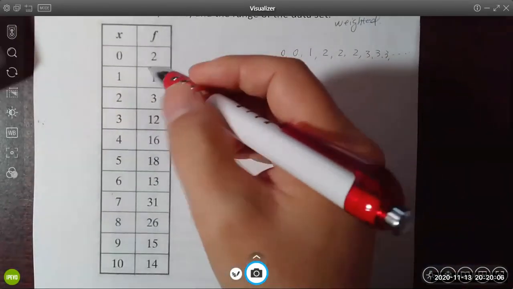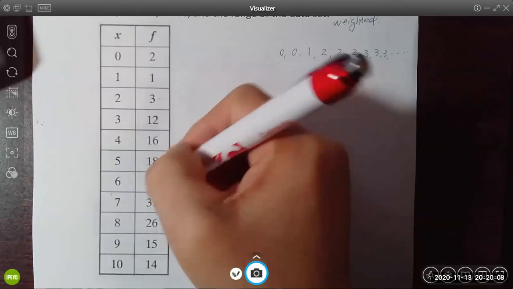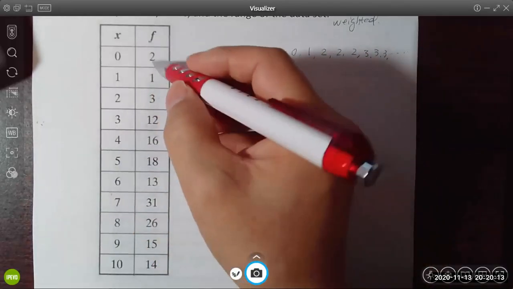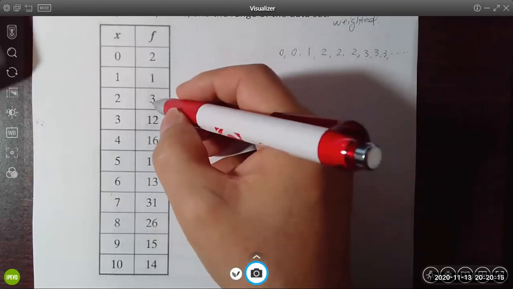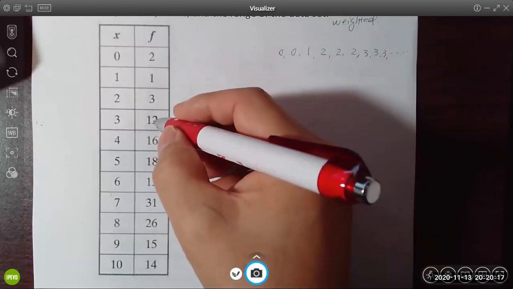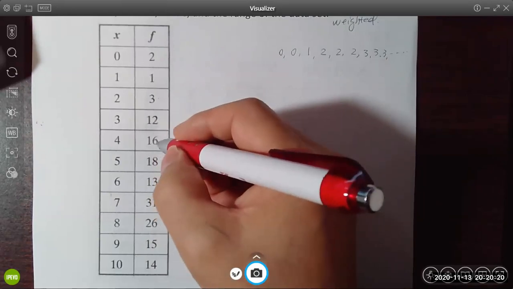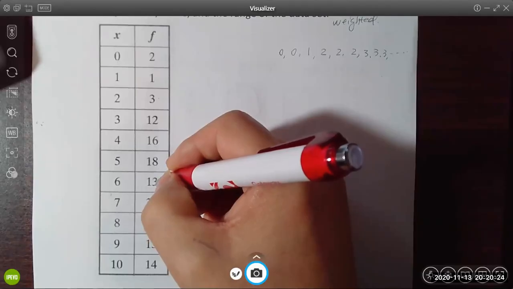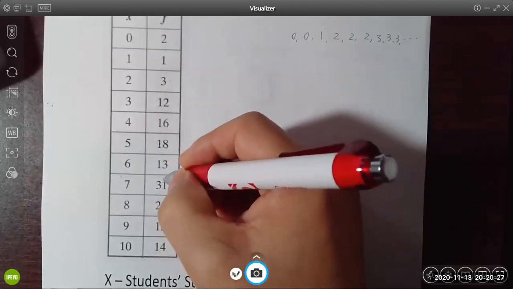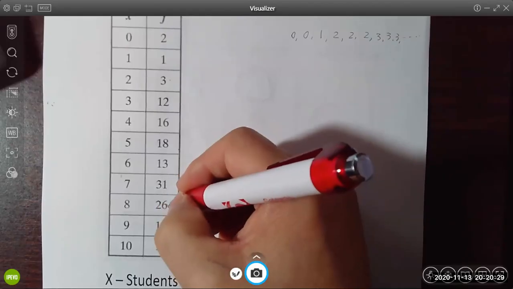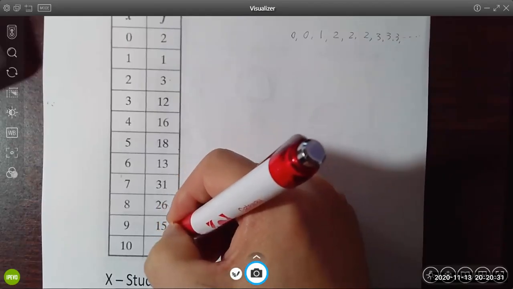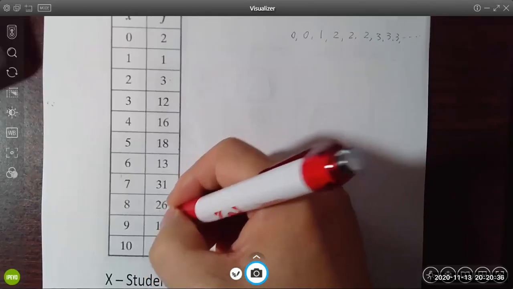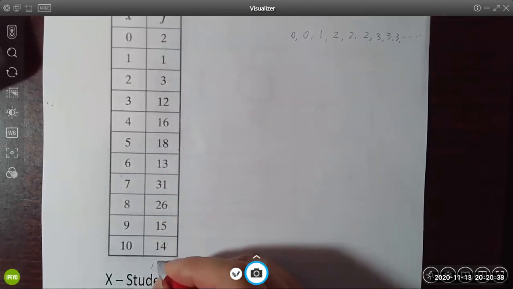And if we add all of the frequencies together, I didn't add it actually. Let's add it: 3, 6, 18, 34, 52, 65, 96. 96, these two make 40, and this makes 40, and 136. 136 plus 15, 151.